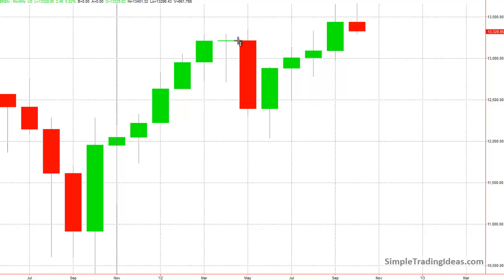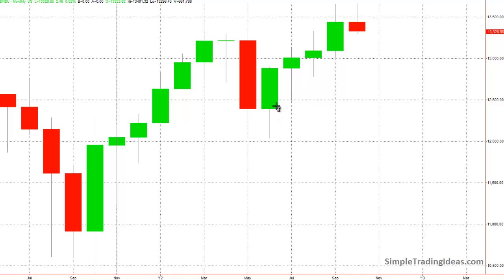There's the open, there's the high at the top of the top wick, there's the close right there at the lowest part of the real body, and there's the low right here, at the lowest point of the bottom wick.